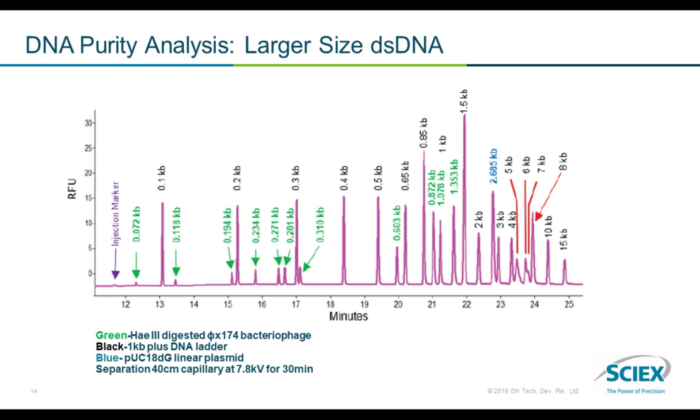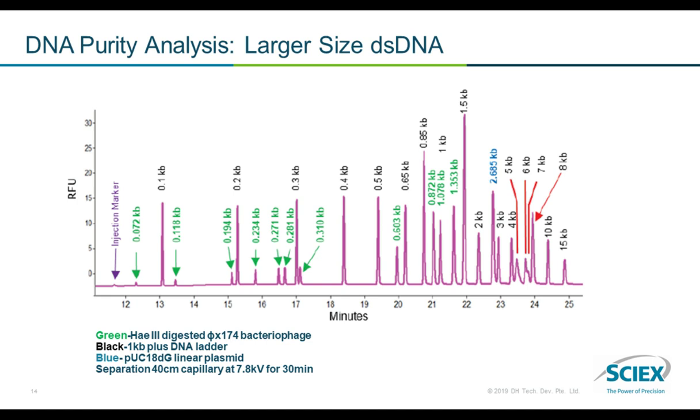We can use the same kit, with slightly different separation conditions and a different capillary length, and extend the range. We can separate from 50 nucleotides, or in this case the data is from 72 base pairs, all the way to 15 kilo base pairs. So you have a very big range of separation where you can do fragment analysis, or restriction fragment analysis of your plasmid.